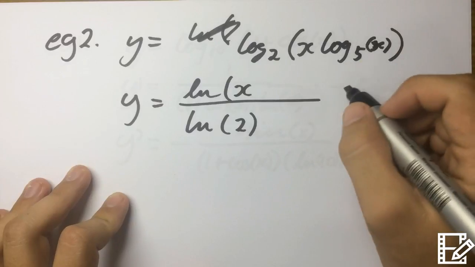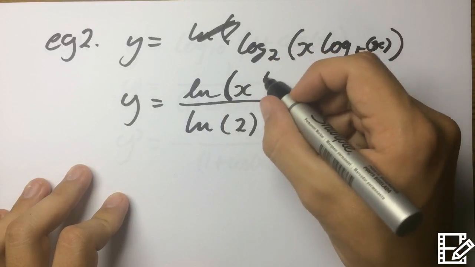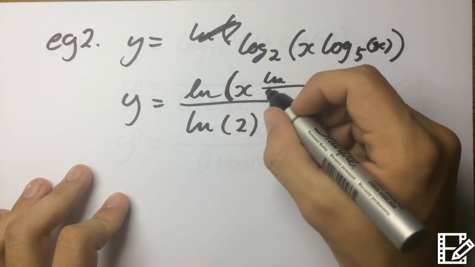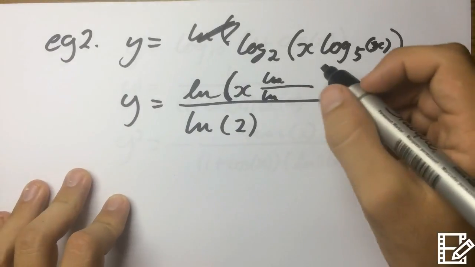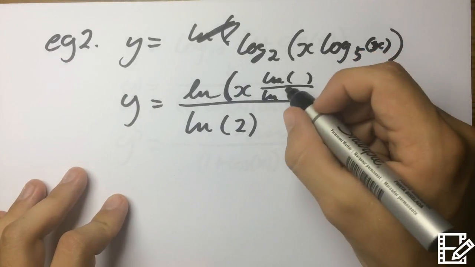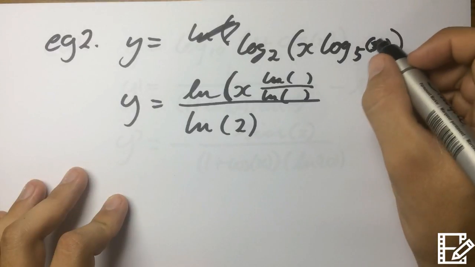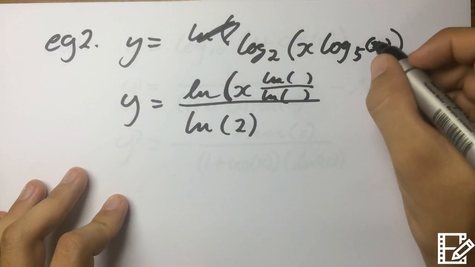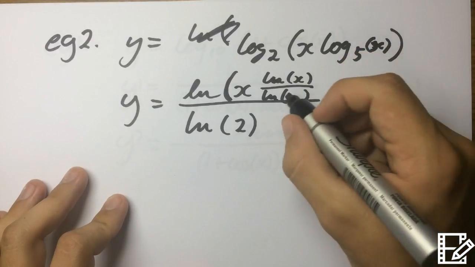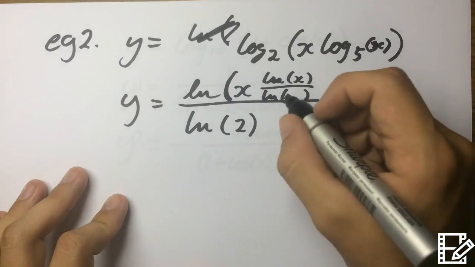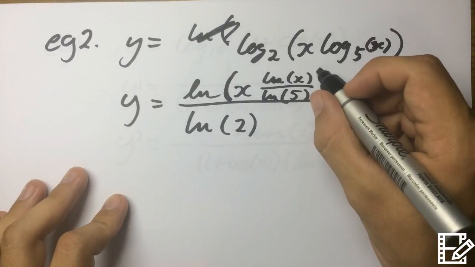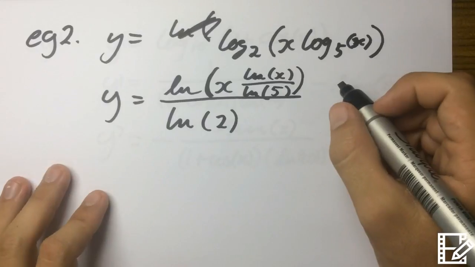Then we're going to do the same thing for this, with an ln on top and an ln on the bottom. The ln on top is whatever's inside the log, which is the x, and the bottom will be the base. And so it'll look something like this.